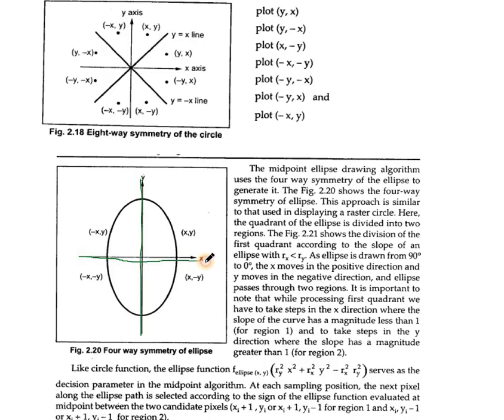Because we divide the ellipse into 4 sections and we draw only the first section. We calculate the point x comma y. The rest of the 3 points we are simply going to plot as x comma minus y, minus x comma minus y, and minus x comma y. That's it for this topic.